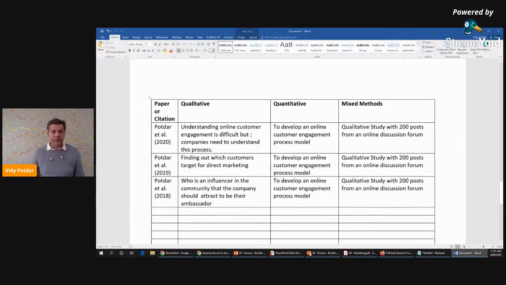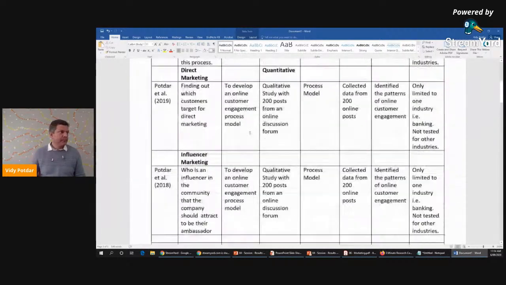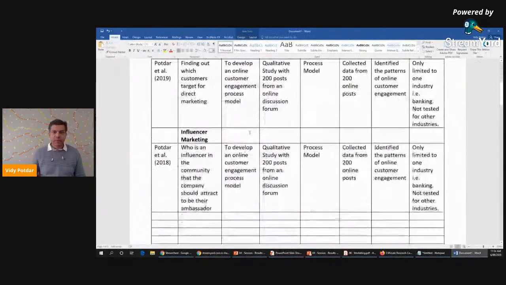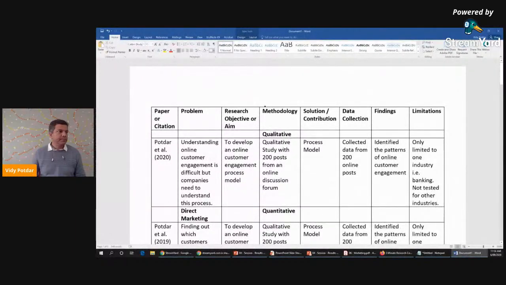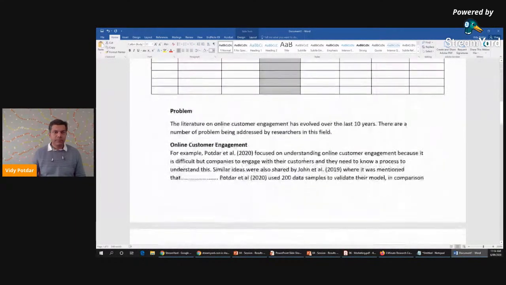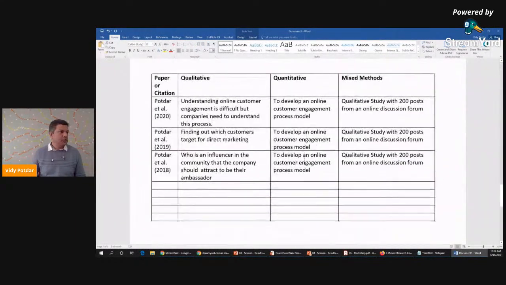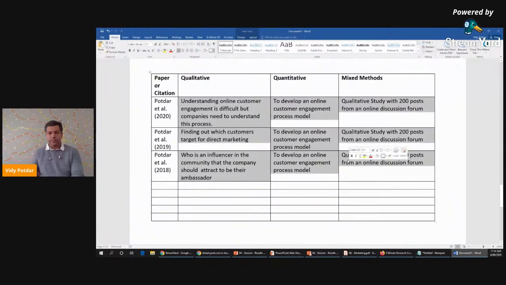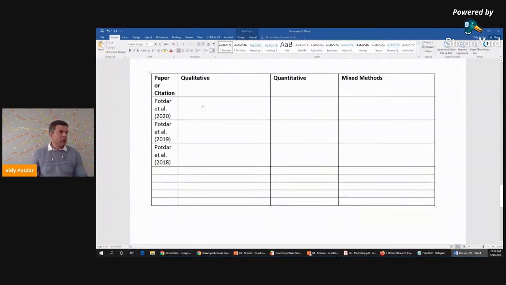From that first table, if you pick up one column and showcase the same table, for example, this is the table for the methodology used in these articles, you can put the information here. If it was a qualitative methodology, you can say interviews, how many interviews were conducted.